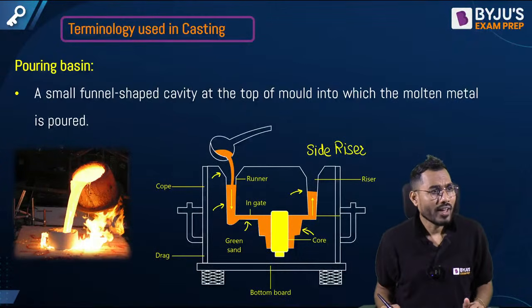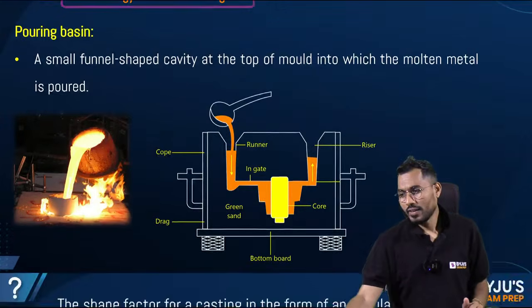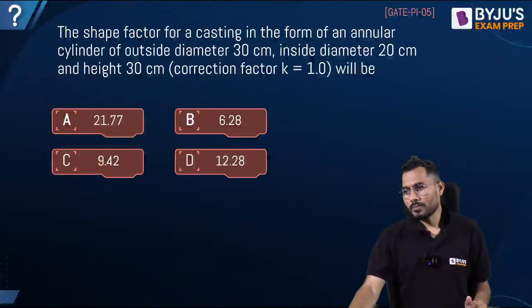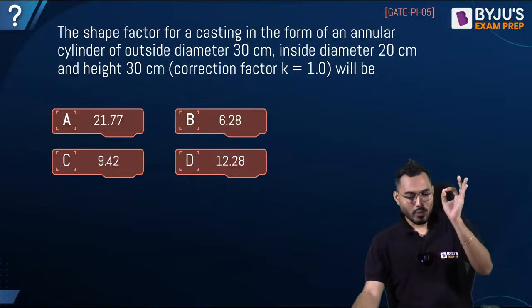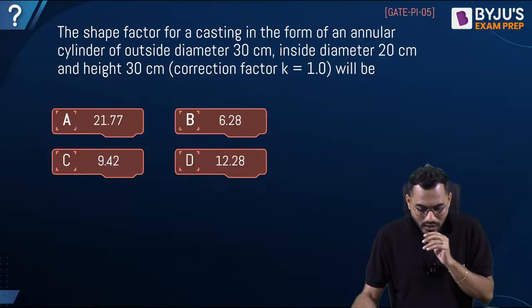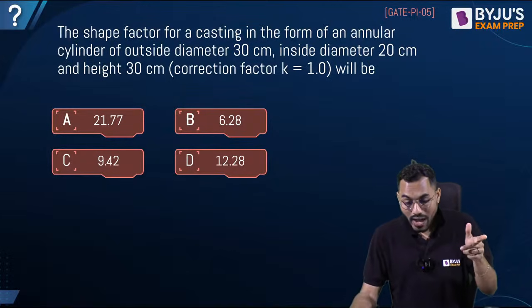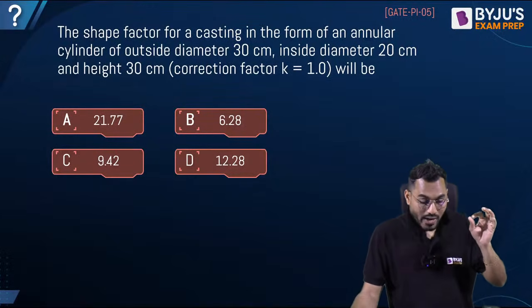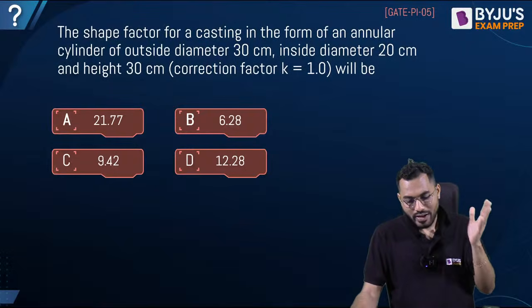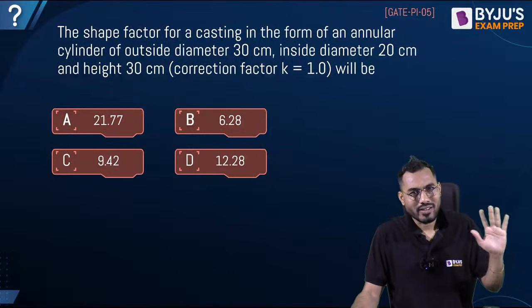Accepted, everybody? Okay, one more question. Calculate the shape factor for the casting in the form of an annular cylinder of outside diameter 30 centimeter, inside diameter 20 centimeter and height 30 centimeter. Correction factor is K1; always consider the correction factor as one only.